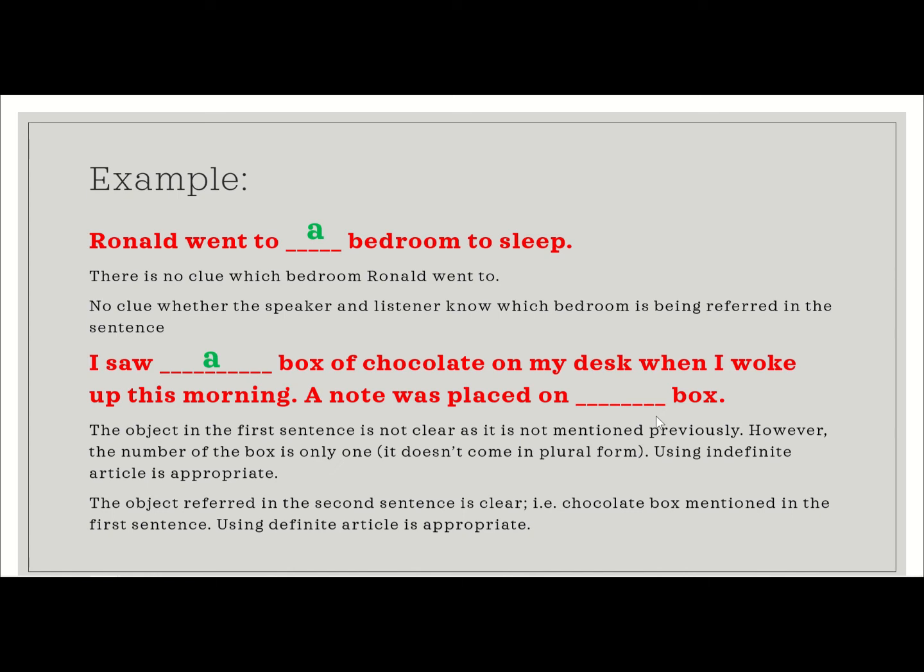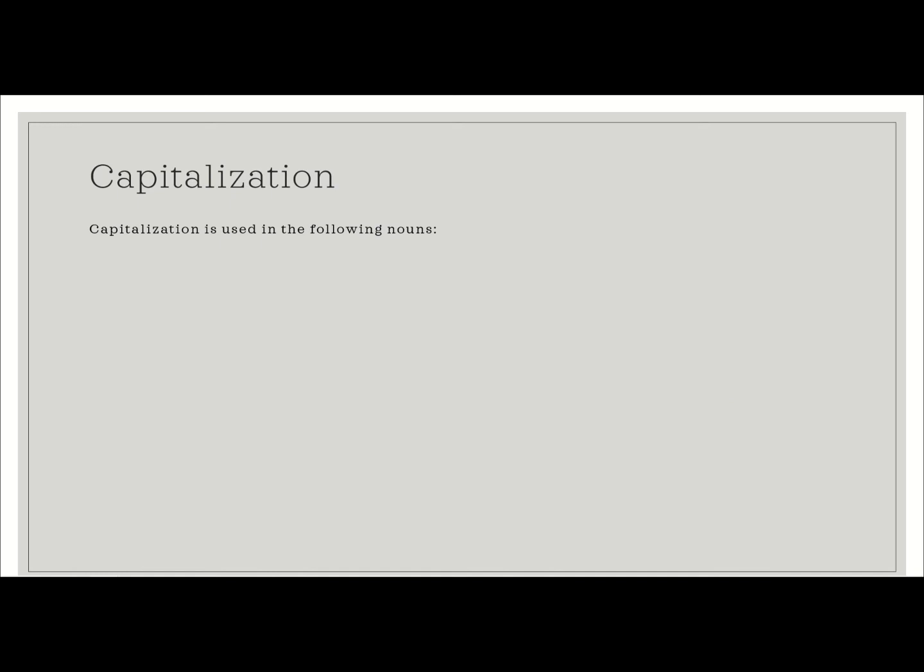You try to discuss whether the box or the item has been referred to before. And in the word box here, there is no suffix that indicates that there is only one box. But since it has been mentioned before and it's clear which box we are referring to, using the definite article is more appropriate.